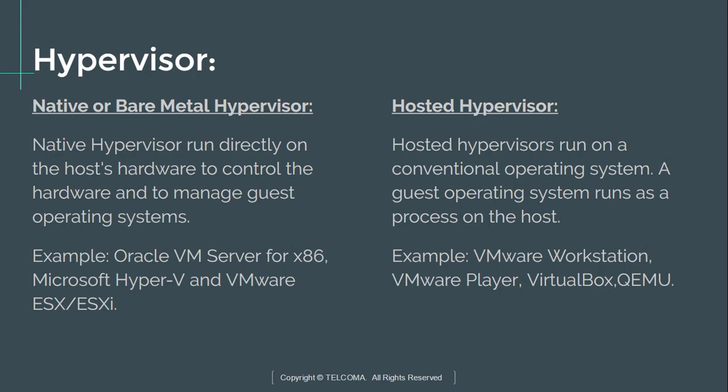Examples of native or bare metal hypervisors are Oracle VM Server for x86, Microsoft Hyper-V, and VMware ESX and ESXi. Examples of hosted hypervisors are VMware Workstation, VMware Player, VirtualBox and QEMU, the Quick Emulator.